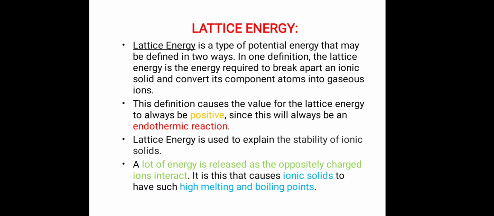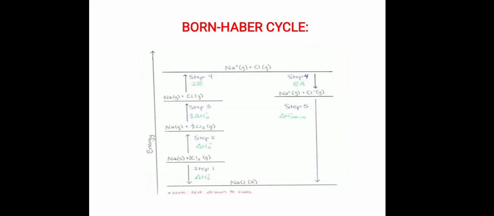The reaction is endothermic. Lattice energy is used to explain the stability of ionic solids. A lot of energy is released as oppositely charged ions interact, which is why ionic solids have such high melting and boiling points.